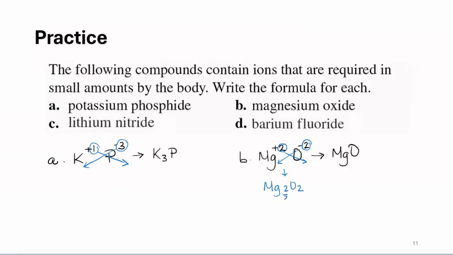If we divide 2 into 2, that gives us Mg1O1. Because a subscript of 1 is always omitted, we erase the 1, and as you can see, it gives us the same result. The correct chemical formula for magnesium oxide is MgO.